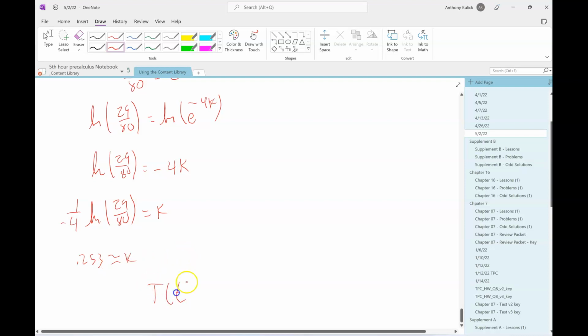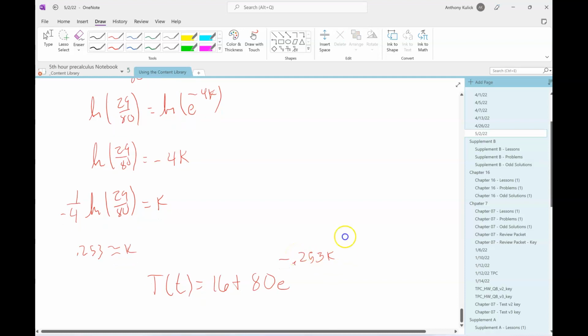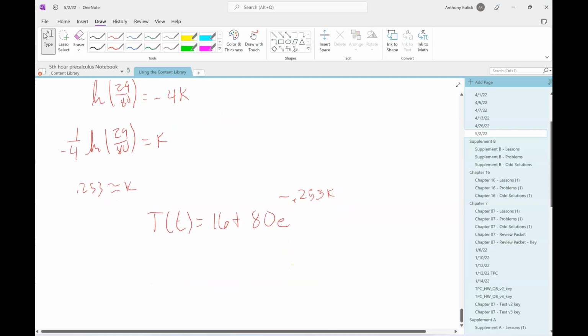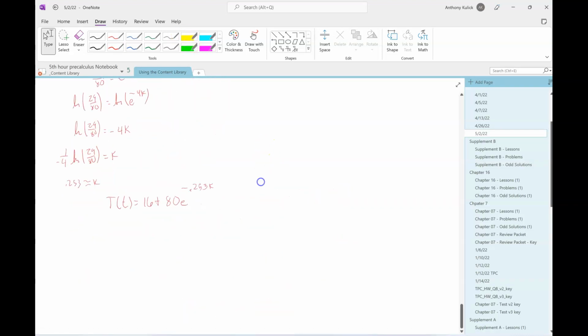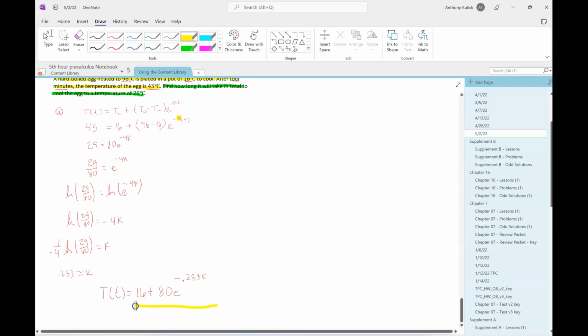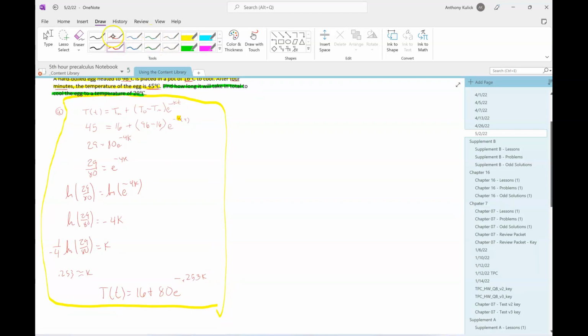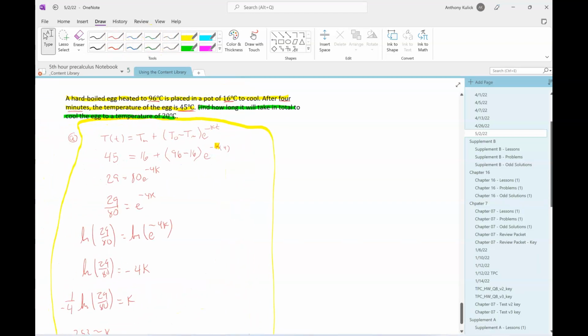So my model then, everybody's okay with that? So this is like my yellow piece. Okay. All right. It then says find how long. So we're solving for what here?